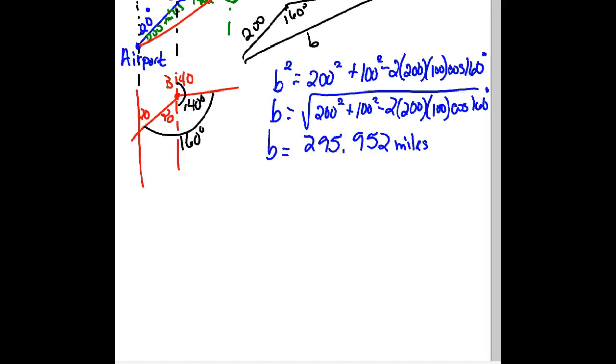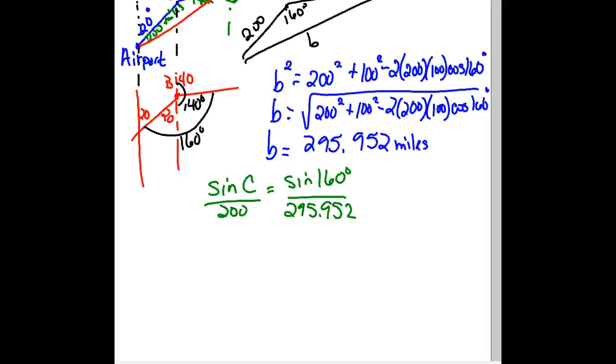All right, so angle C. We can use a law of sines on this part. We have the sine of angle C is to the opposite side, which was 200, as the sine of 160 is to the side opposite 160, which we just found to be 295.952.